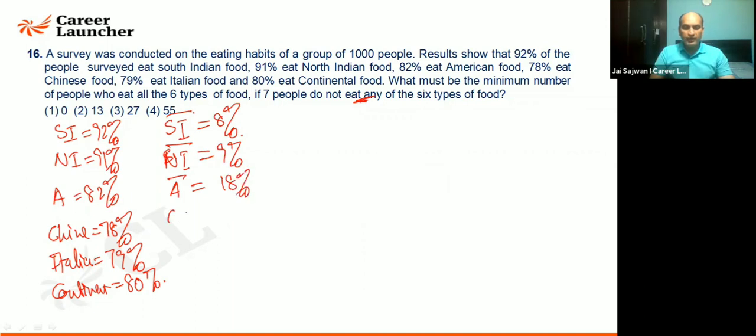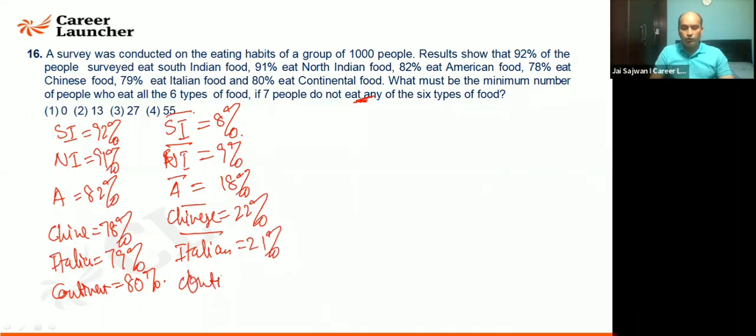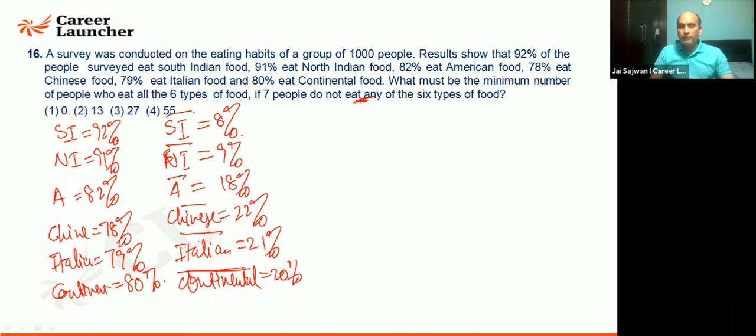People who don't like Chinese food will come out to be 22%. People who don't like Italian, I hope you understand the meaning of bar, that is 21%. And the people who don't like continental food, that is 20%. Bar only.